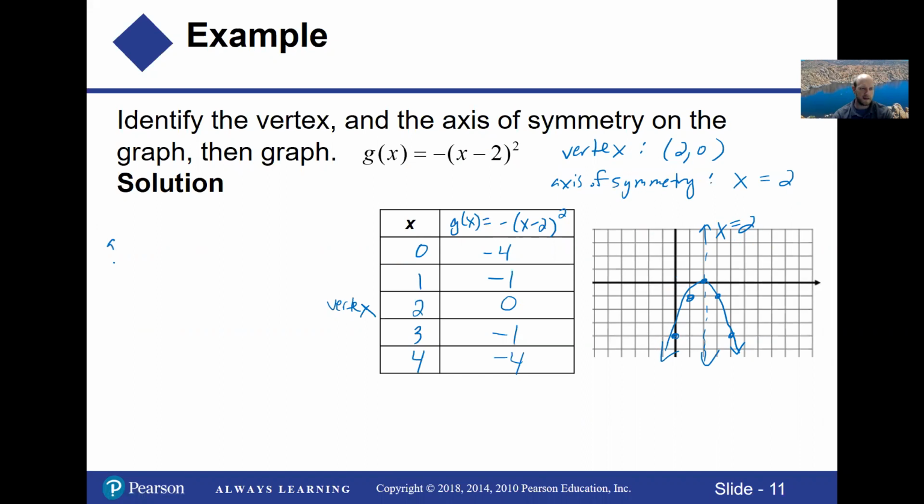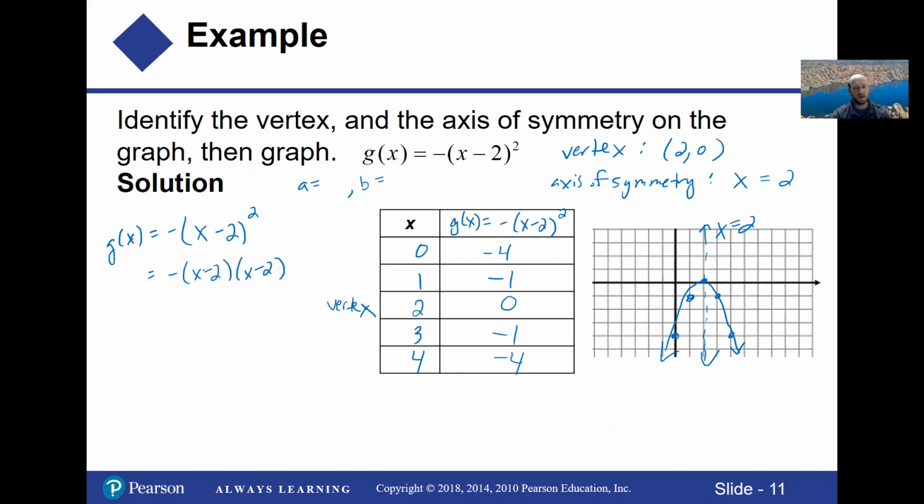So let's take our g of x equals negative parentheses x minus 2 squared. Now, I can't really figure out what my A, B, and C are because I haven't simplified this yet. I need to factor or FOIL this out. So I have negative times x minus 2 squared.